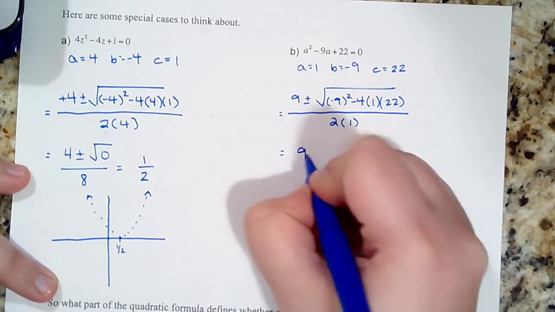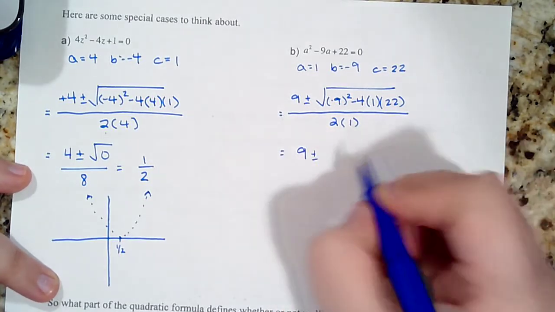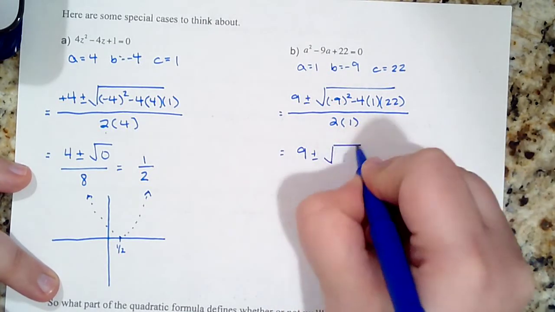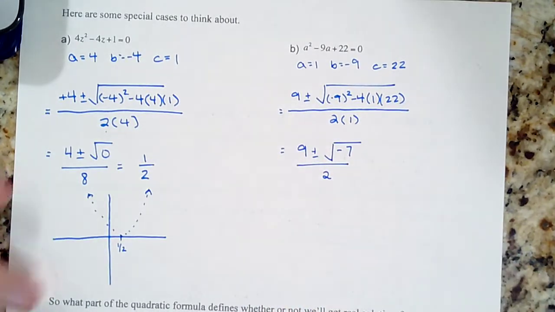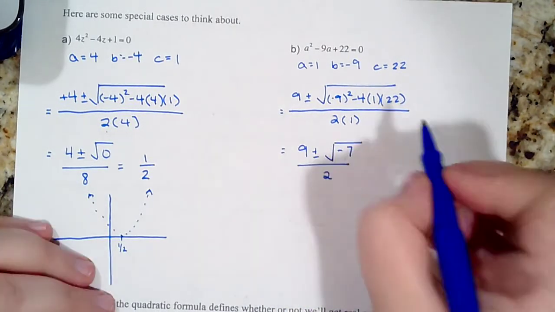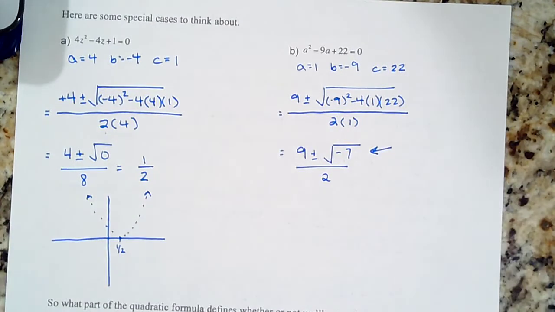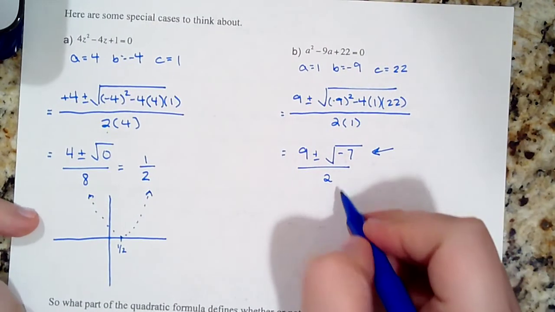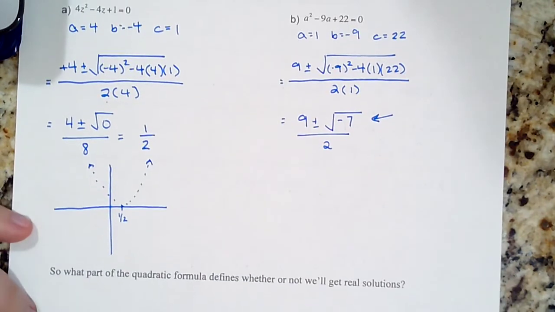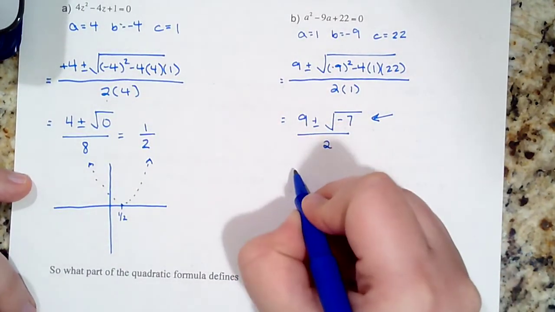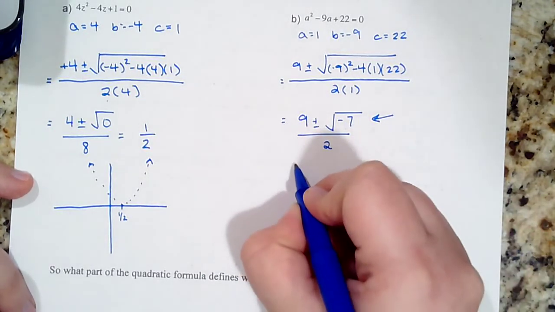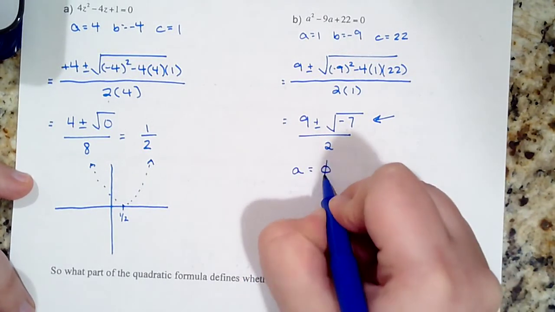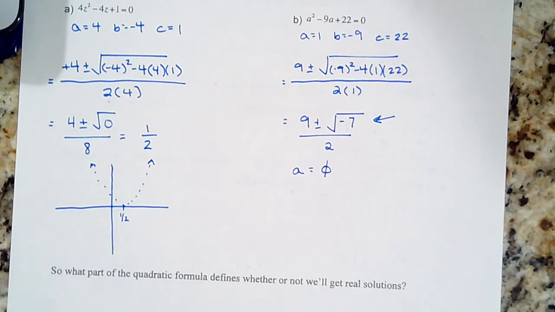I get 9 plus or minus the root of negative 7 over 2. All right, problem, people. We don't know how to deal with negatives inside of square roots yet. Because this can't be done, and because we're not in Algebra 2 and we don't know how to deal with that, we technically don't have any solutions. There are no solutions that work for this. So A is no solution.